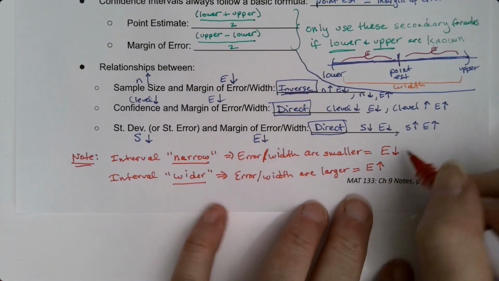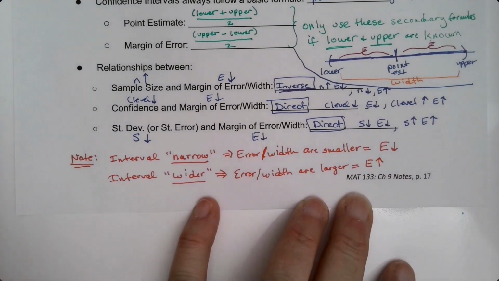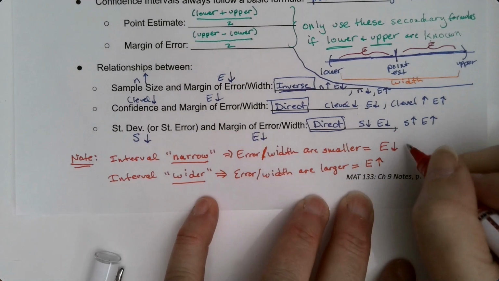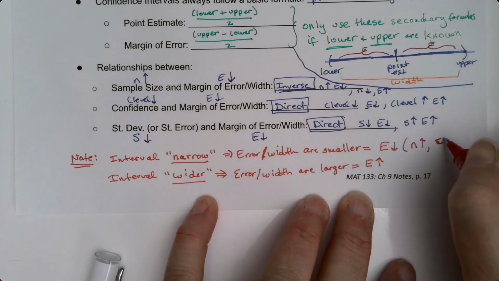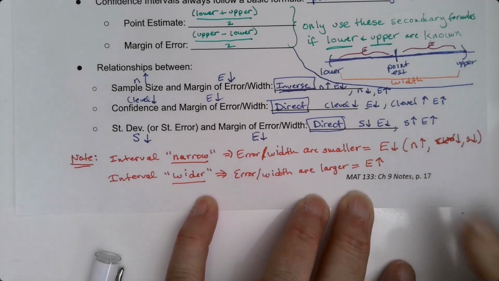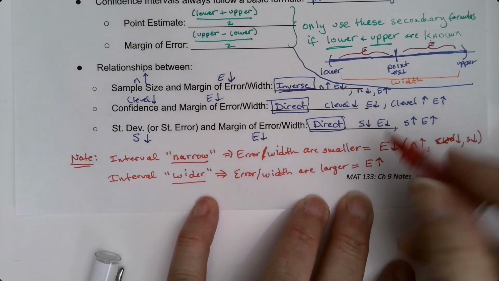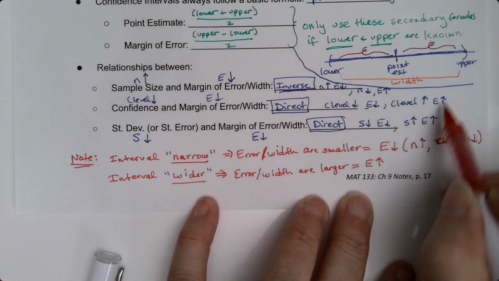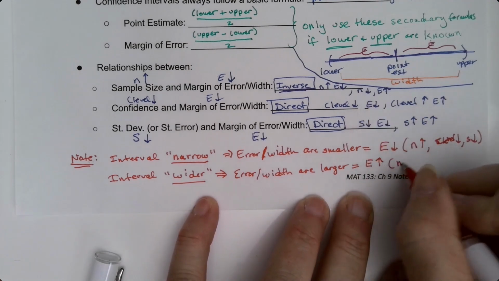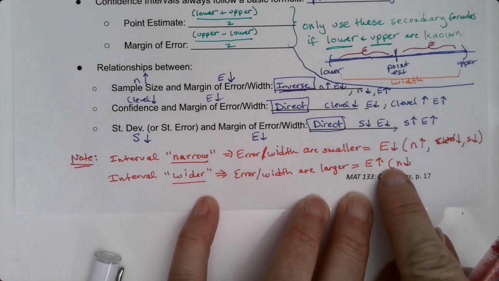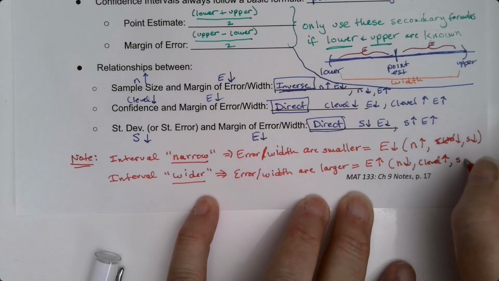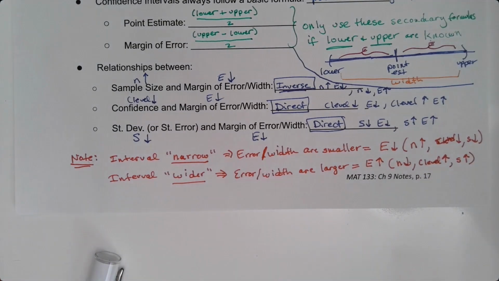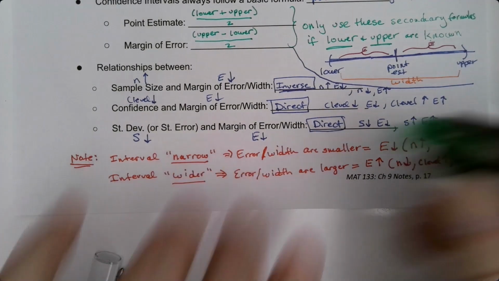So error goes down if your n goes up, your C level goes down, and your S goes down. Those are the three that go together. And your error goes up, up, up, if your n goes down, see, that's an inverse relationship, that's the opposite, C level goes up, S goes up. Those all tie together.